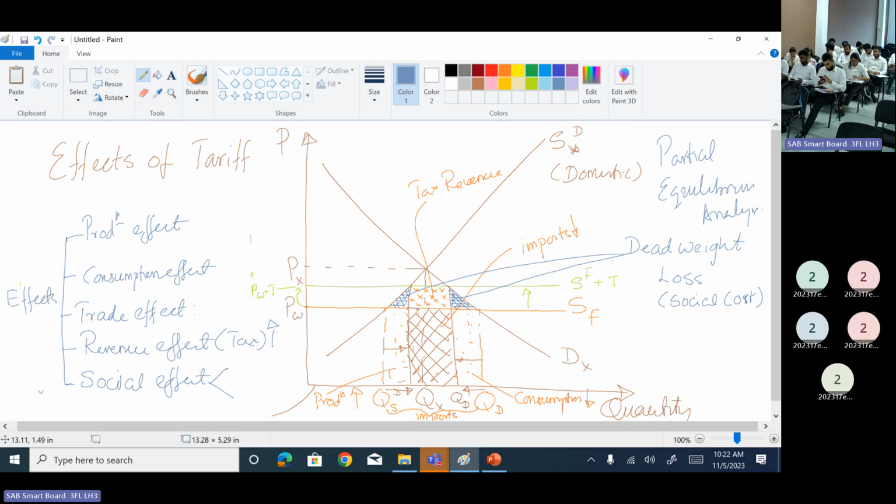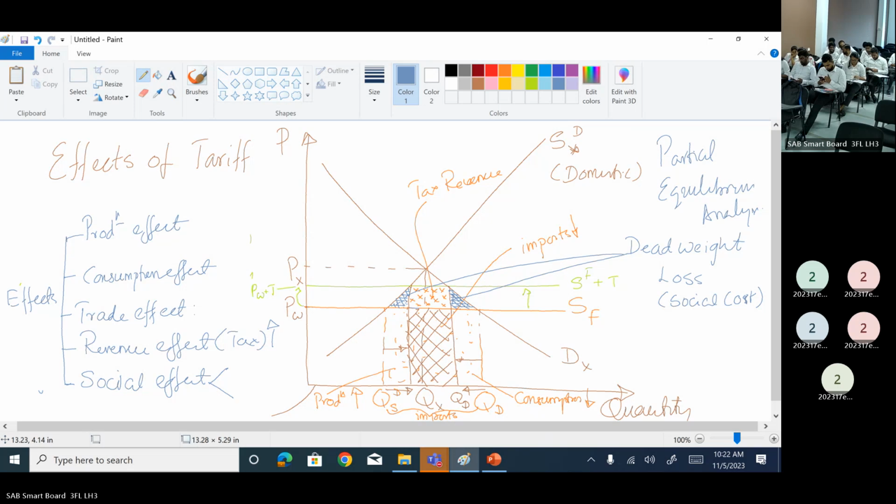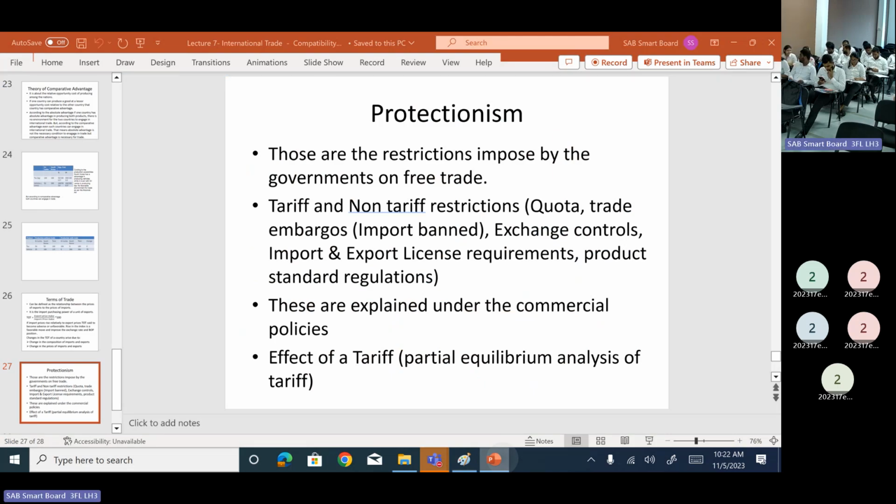And we see other effects as well. Is it clear? Right. And that is the partial analysis of the tariff, identifying the effects.